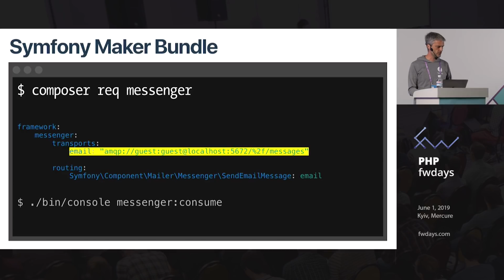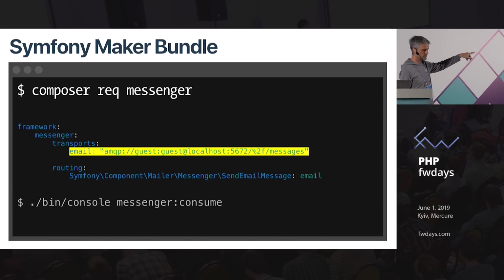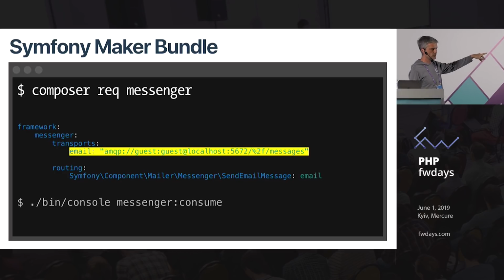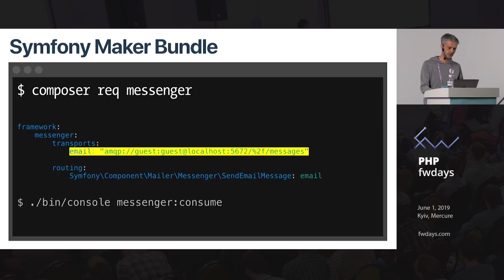That's the only thing you need to change. And as you can see, there is a reference here. So for the send email message, you are using the email transport, which means that you have a bunch of different transports. So you can also have Doctrine for other kind of messages if that makes sense for you. You are not required to only use one transport.